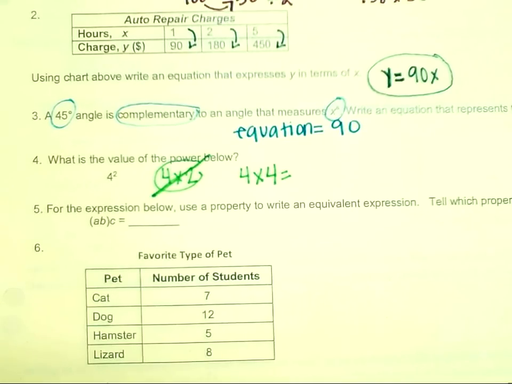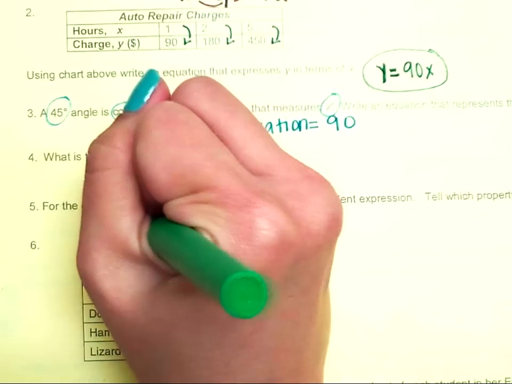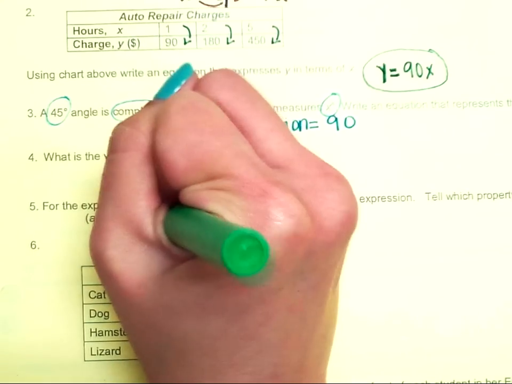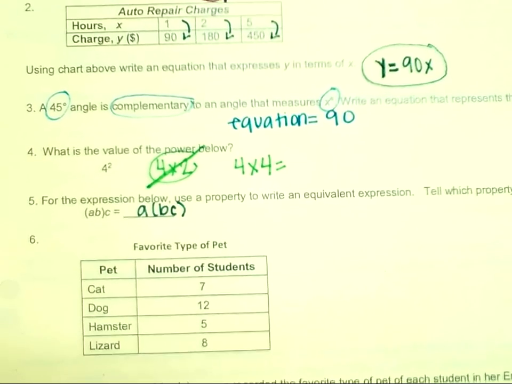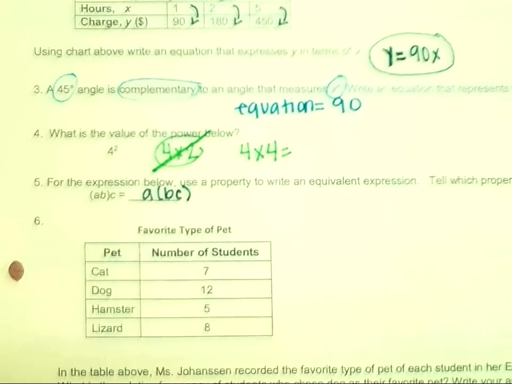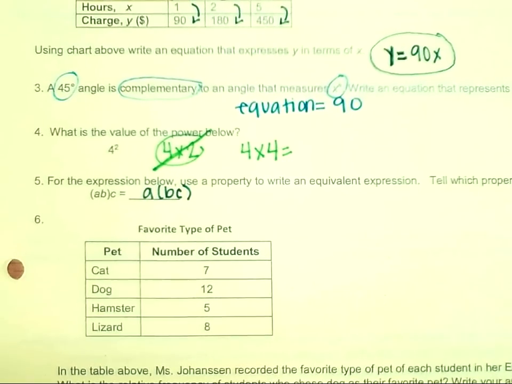Number 5, the expression below. Use a property to write the equivalent expression. Tell which property you used. So in parentheses, we have AB times C. What if I switched it up to A on the outside, B, C in parentheses? Go into your journal and look at what property this is.